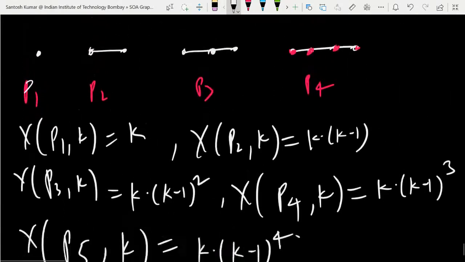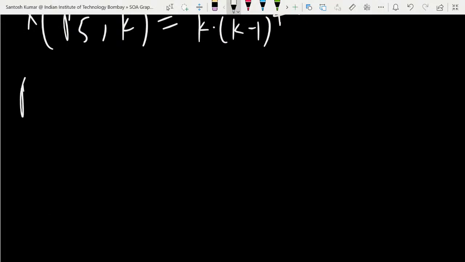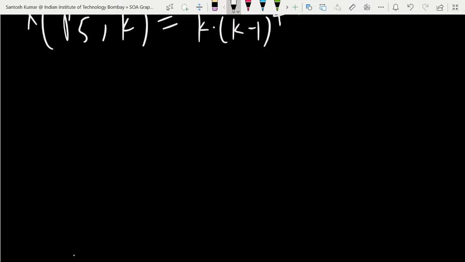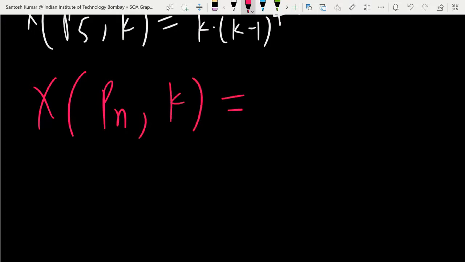So in general, I will write one result, or we can write a note. What will be the answer for this? The total number of proper colorings of Pn with k colors.